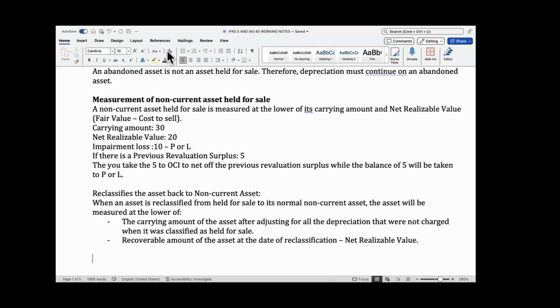Okay. So you're not posting it anywhere because you are not even charging the depreciation. It is at the point of reclassification that you have to calculate it. That, okay, if I hadn't reclassified this asset, I would have been charging the depreciation.